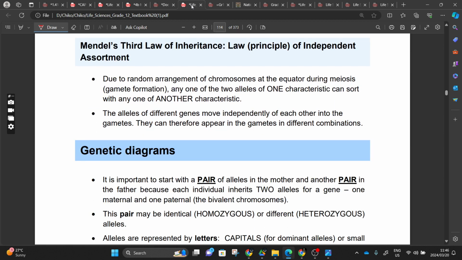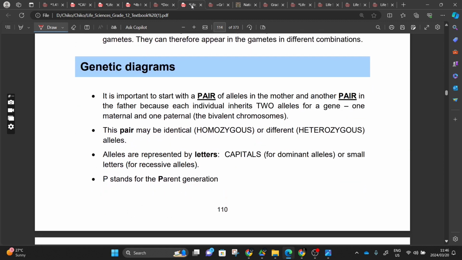And then assortment, they don't ask much about this one, but during metaphase there is chromosomal random arrangement that makes sure that gametes have different alleles. Okay, it's fine. Genetic diagrams, variation.